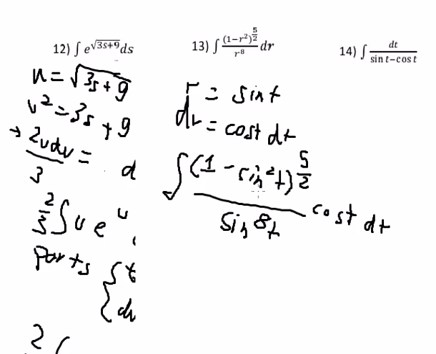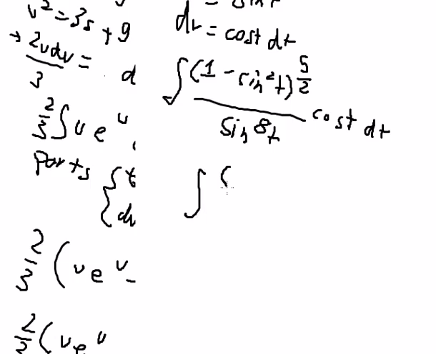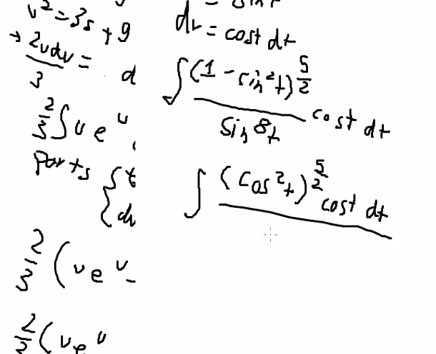One minus sine t squared, you got cosine t squared, and 5 over 2, cosine t dt over sine t to the power of a. This one, 2 and 5 over 2, we change for number 5 in here.